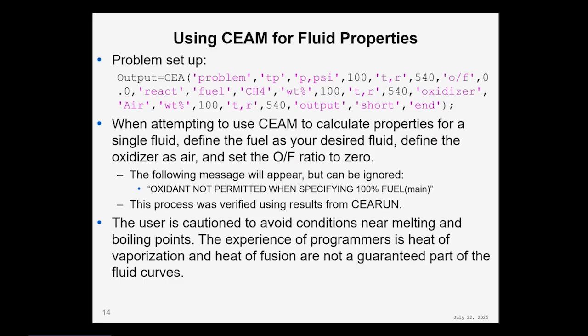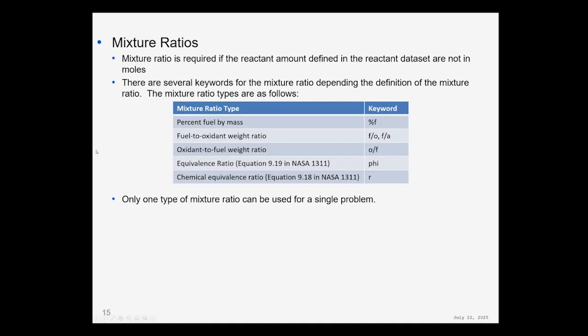These are all given pressure temperature type. These are all specific calculations, not accounting for all of the thermodynamics. The mixture ratios that can be identified are shown here.